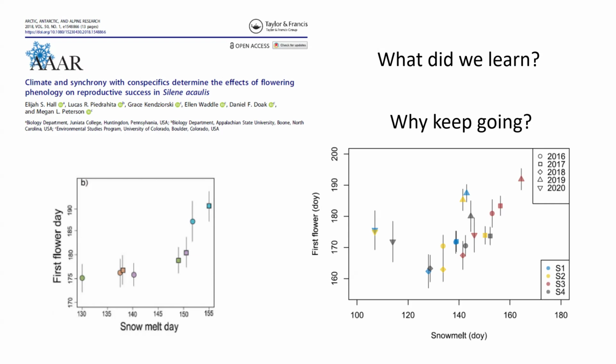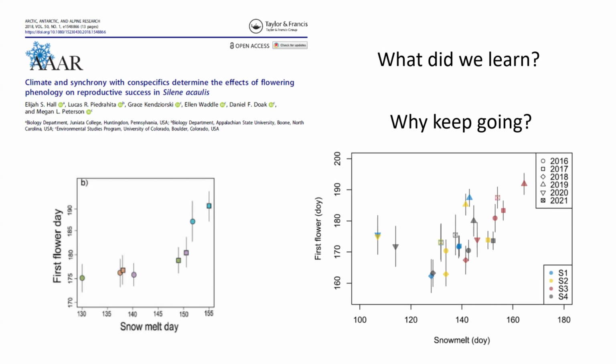And so then we started looking more carefully at the temperature data. So we had one more year, 2021, which ended up being an average year and just kind of continued to flesh out those data points. But because of that 2020 year, we started looking at temperature more.